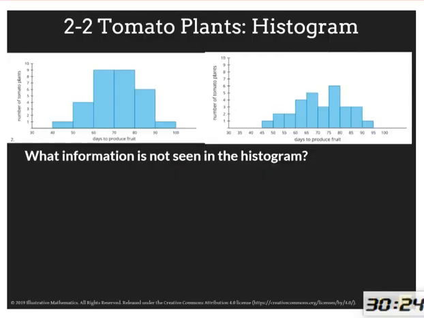Which leads us to the next question, and let me give you a quick minute, so we'll do a quick write. What information is not seen in the histogram? And think back to the dot plot and what the dot plot can give you, and what a box plot can give you relative to a histogram, okay? So quick minute, 31:40.